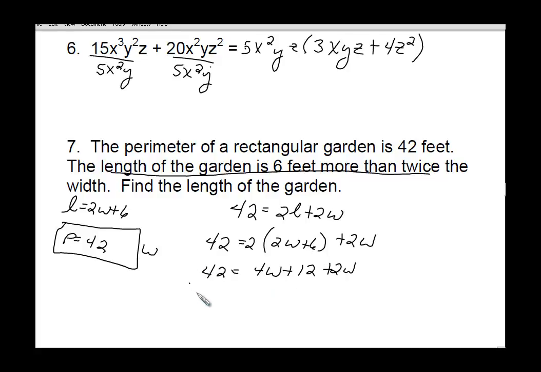Subtract your 12, so you'll have 30 is equal to 6W, and then W is equal to 5. But that doesn't answer the question. We want the length, so to find the length you have 2 times 5 plus 6, or 16 feet, and that answers the question of the problem.